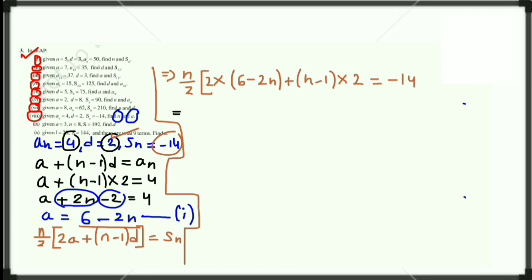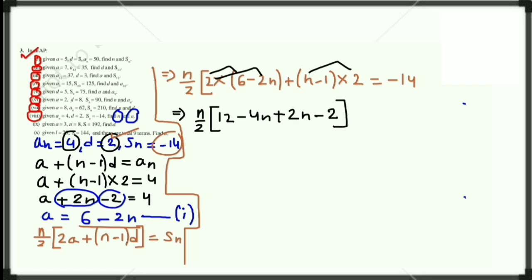Now n by 2, and here 2 into 6 12 plus into minus 2 to the 4n plus, and here also n into 2, 2n plus into minus 2 ones are 2 equal to minus 14.